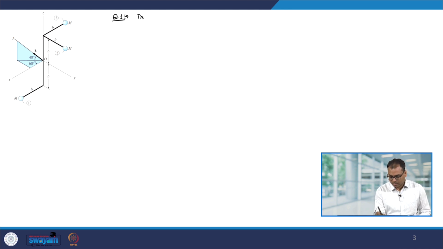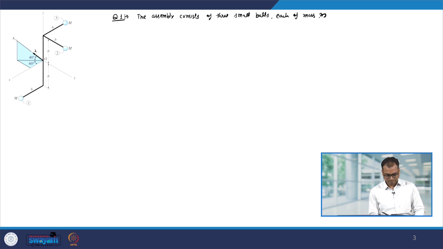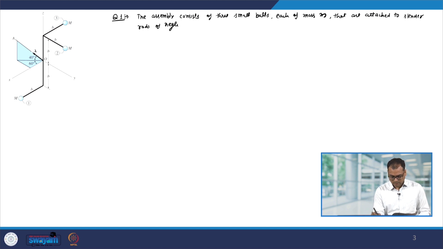Question number 1: the assembly consists of 3 small balls, each of mass m, that are attached to a slender rod of negligible mass.